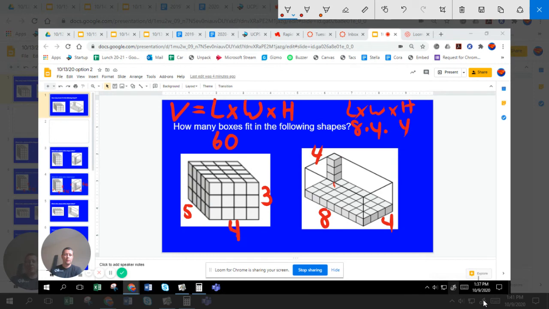And then when I'm trying to do that, it doesn't really matter what order you do it in because you're multiplying all of them. So 4 times 4 is 16. And then if I'm doing 16 times 8, me personally, I'd probably break it apart and say that 10 times 8 is 80 and 6 times 8 is 48. And then I'd put the 80 and 48 together, which is, I believe, 128. I have been wrong once or twice before, though.